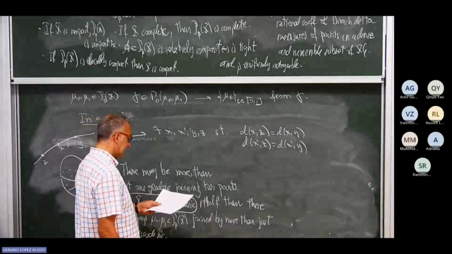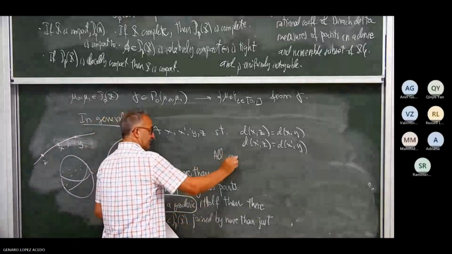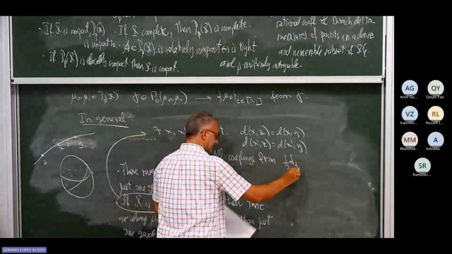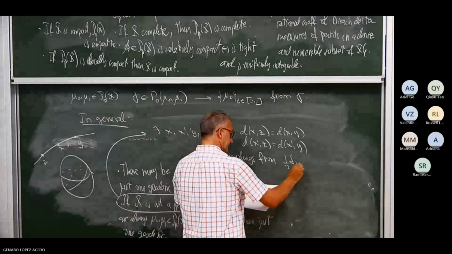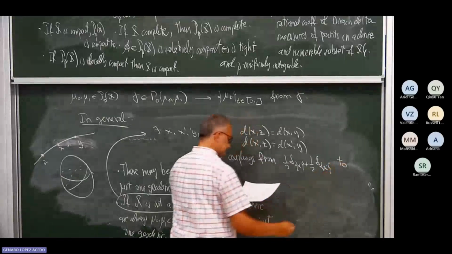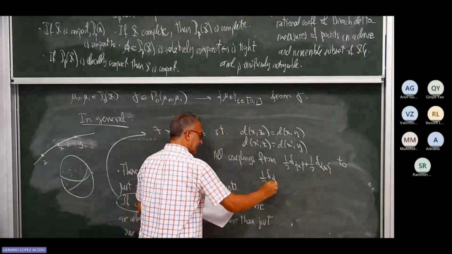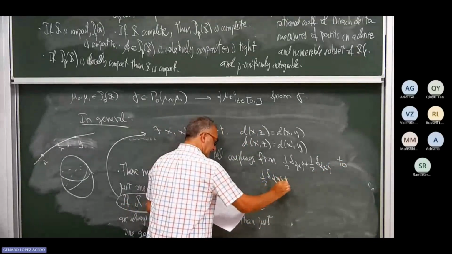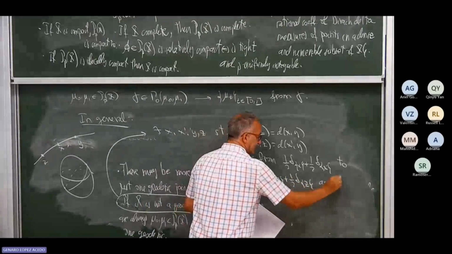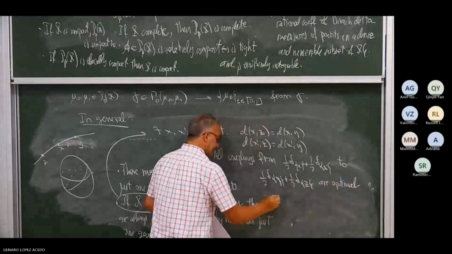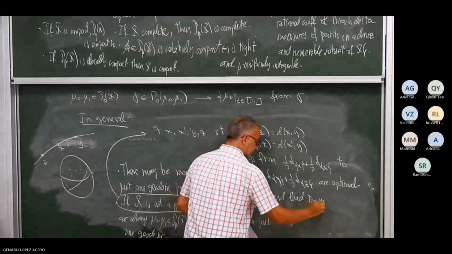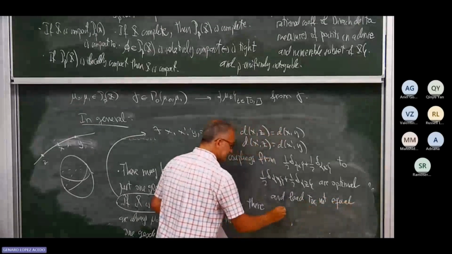Then we complete from 1/2 delta X plus 1/2 delta X prime to 1/2 delta Y plus 1/2 delta Z, which are optimal and lead to equal geodesic segments.